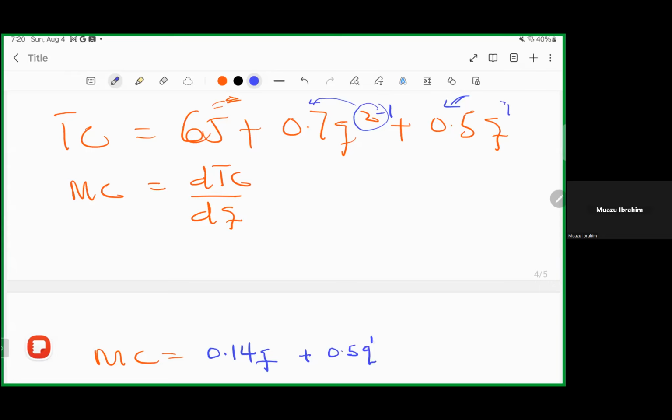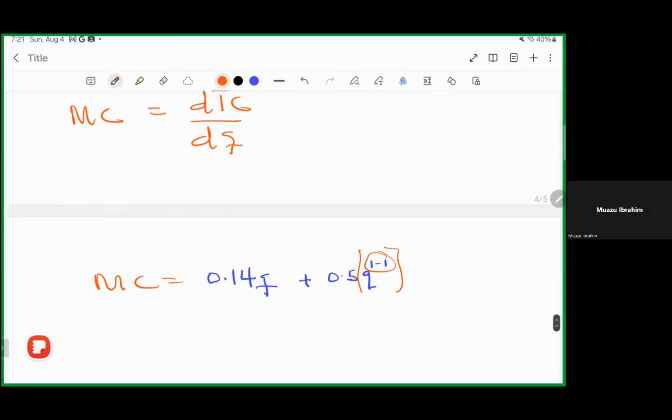Remember Q is raised to the power 1 minus 1, so this whole power would be 0. And any number raised to the power 0 is 1, so this Q side would be 1. So if we further simplify it, it will be this plus 0.5 times 1, because any number raised to the power 0 is 1.